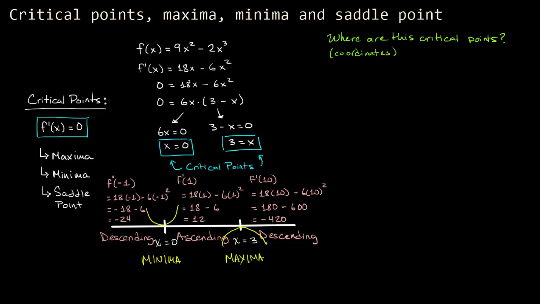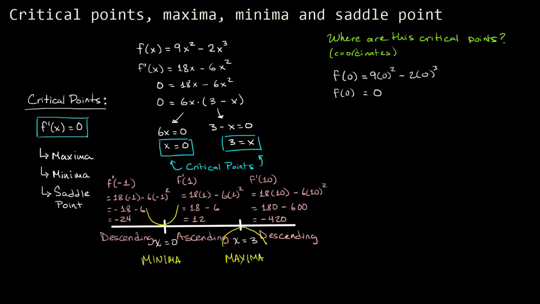of these points. In order to figure out the coordinates, we have to evaluate on the function, on the f of x, to figure out where exactly these two points are located. So f of 0 will be 9 times 0 squared minus 2 times 0 to the third, which of course equals 0.